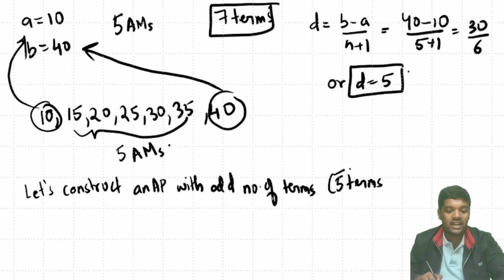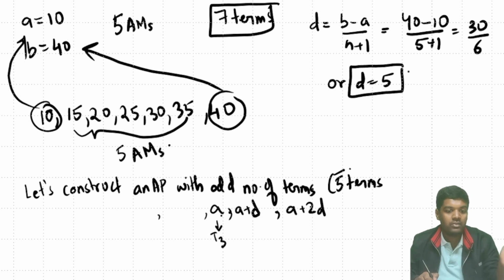So I will consider the middle term as A, and I will add D as a common difference. So A is my middle term, which is the third term, T3. The fourth term will be A plus D. Fifth term will be A plus 2D. Similarly, if I go backward, I have to subtract D. So my T2 will be A minus D. T1 will be A minus 2D.